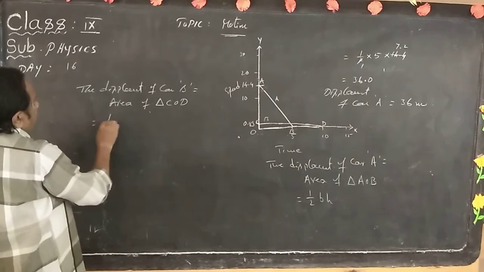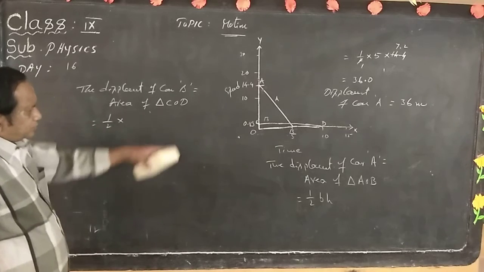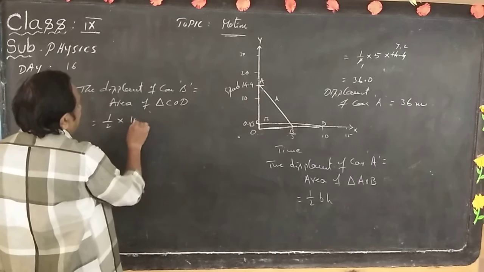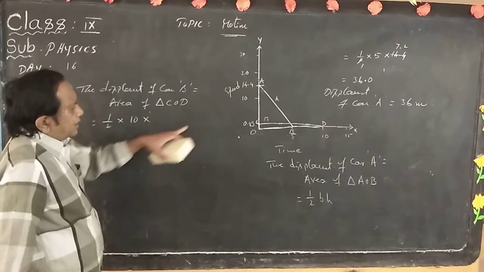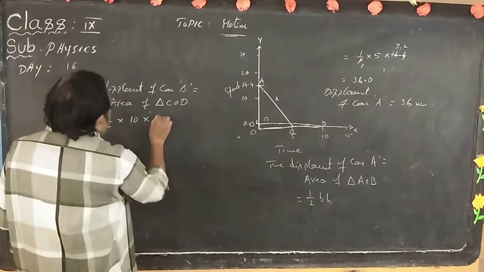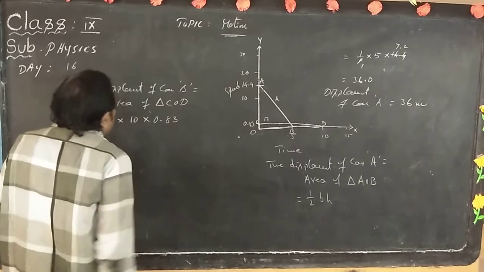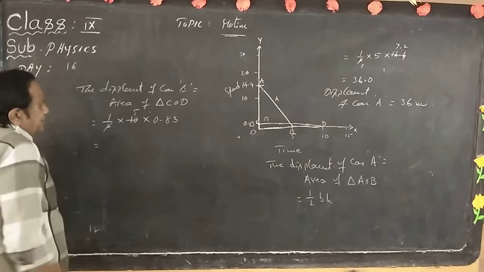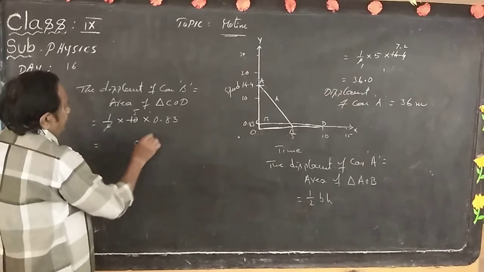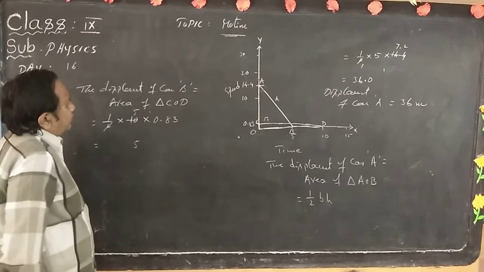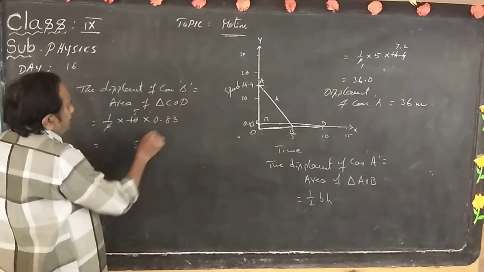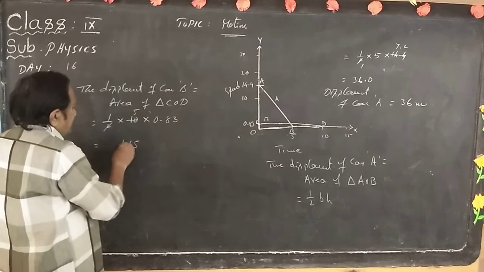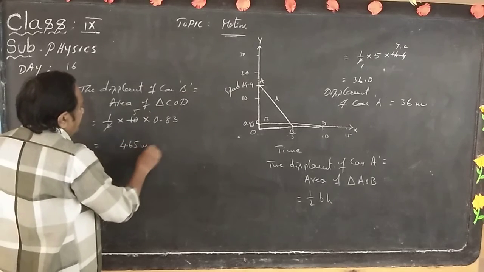That is equal to half into what is the OD distance? OD distance will be 10 into height, which will be 0.83. 2 1s are 2, 5 3s are 15, 5 8s are 40, 46. So after 2 decimal points, 4.68 meters.